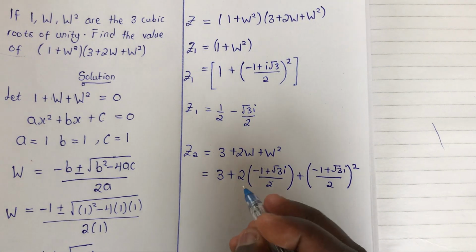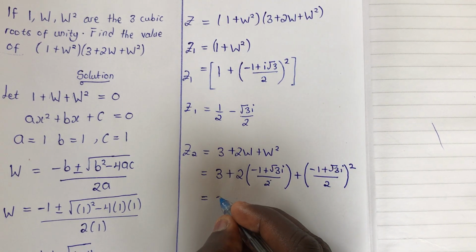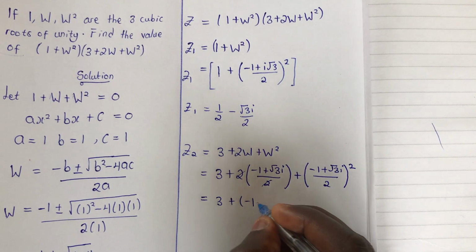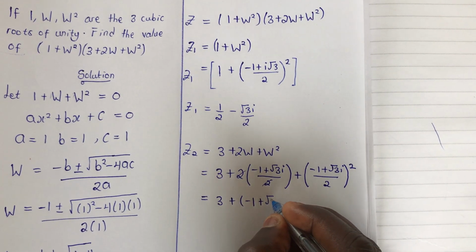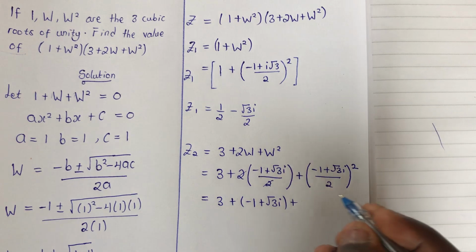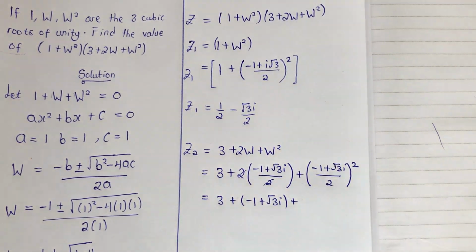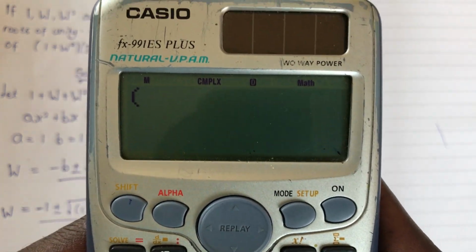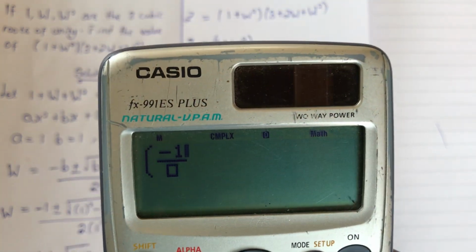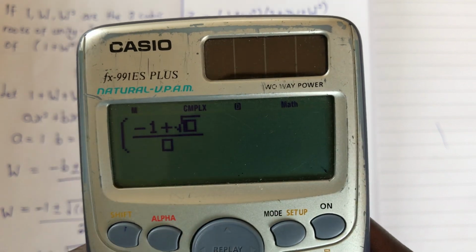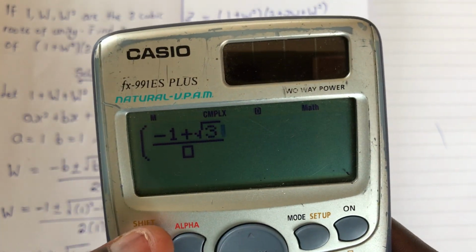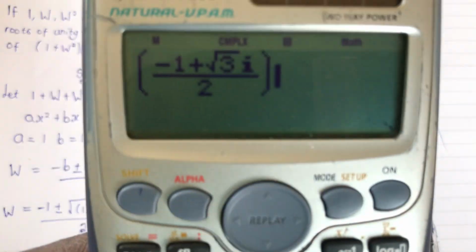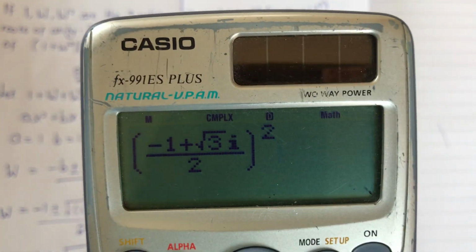This will cancel this. So I'm getting 3 plus, this will take care of this, negative 1 plus root 3 i, plus, now let's punch this side on the calculator and see the result. So we have, in bracket, negative 1 plus root 3 i all over 2, then we square it.